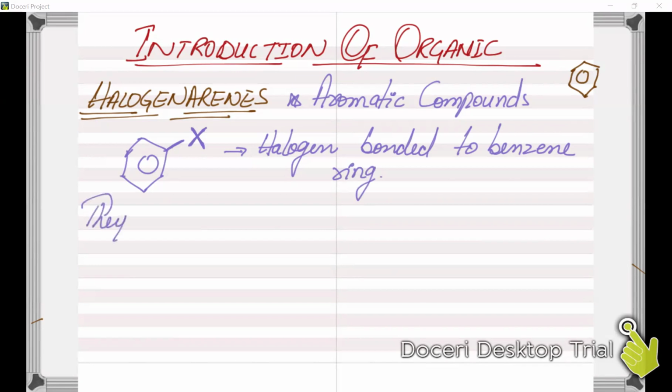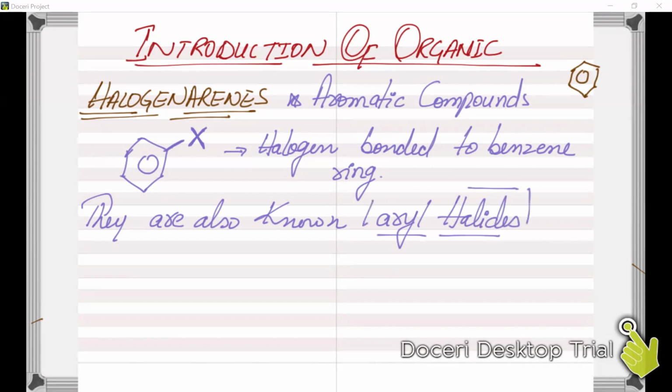What other name can come in the paper? You also need to remember that they are also known as aryl halides. The concept can seem complex because there are multiple terminologies being used for one compound. So they are also known as aryl halides.